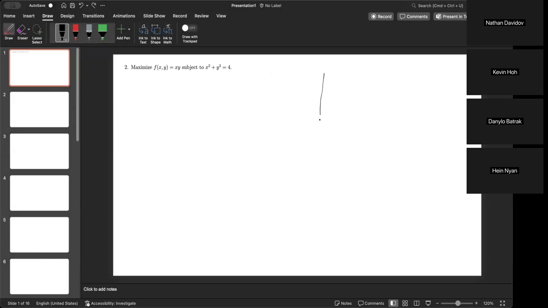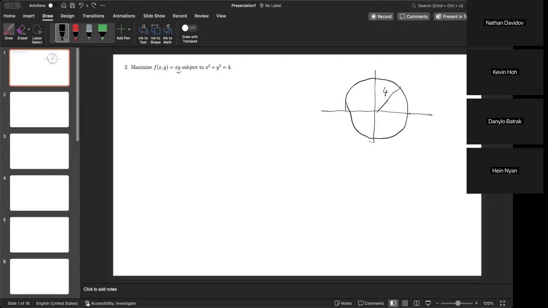So the idea is like this. Let's visualize this question. x squared plus y squared equals 4. That's just a circle of radius 4. And what this question is saying is find the pair x and y such that x times y is maximum, okay?